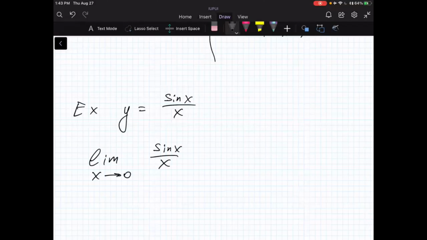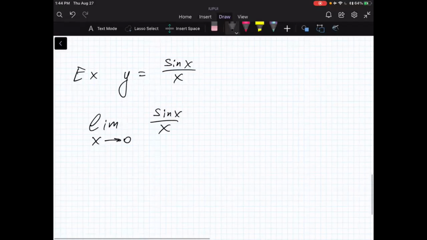If we try to substitute naively x equals 0, what will we get? We'll get something like sine of 0 divided by 0. But sine of 0 is 0 itself, so we get 0 over 0, and it is an indeterminate form.